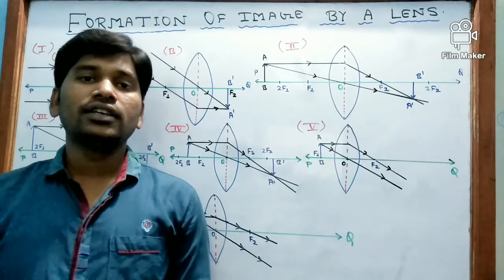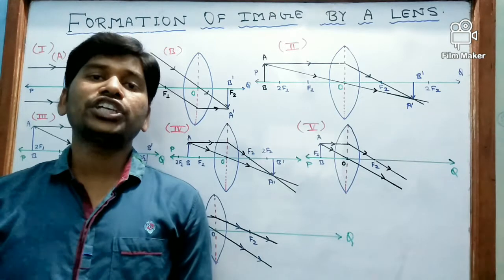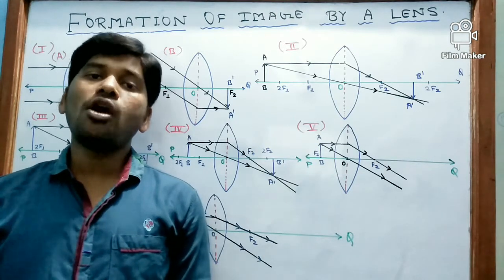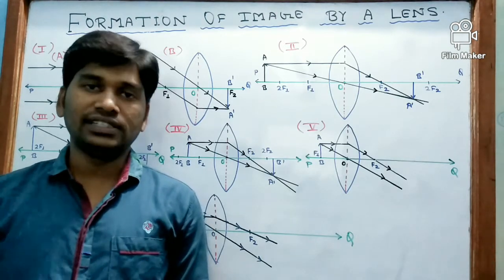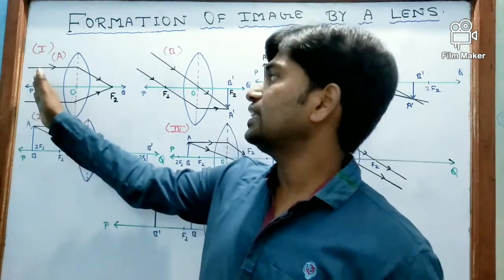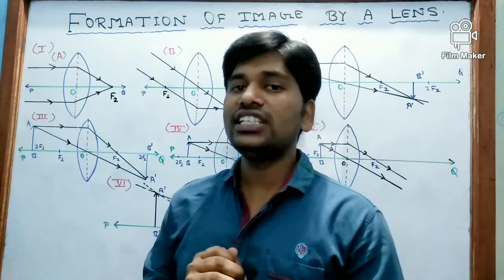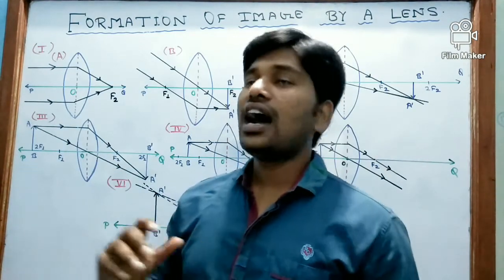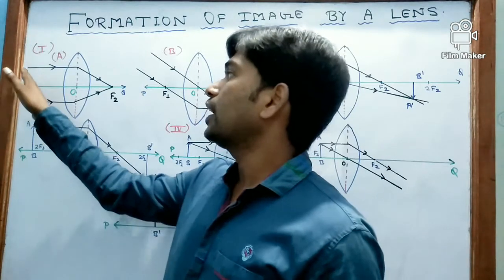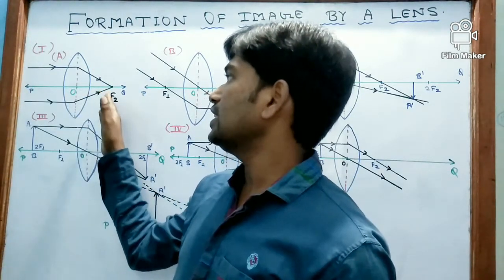Let us see the characteristics and the location of image formed by a convex lens. The first case, when the object is at infinity. When the object is at infinity, the rays seem to be coming parallel to the principal axis, and they converge.